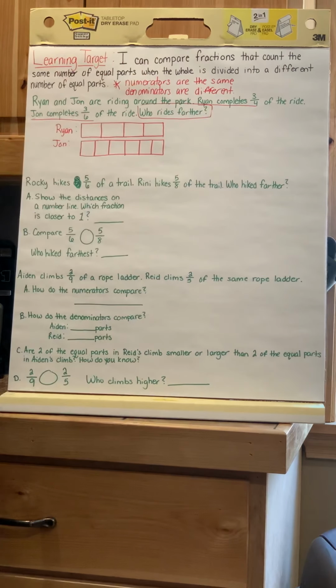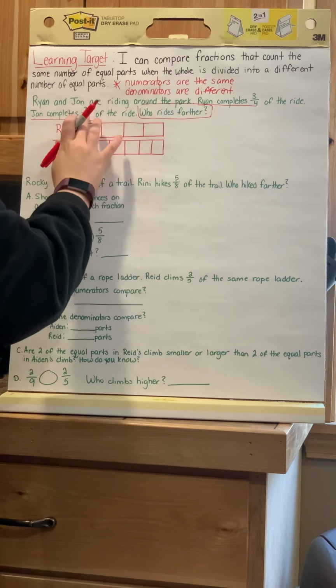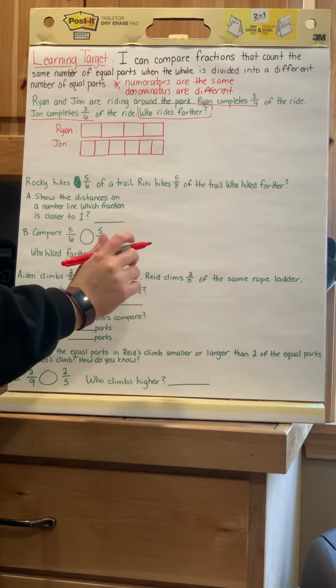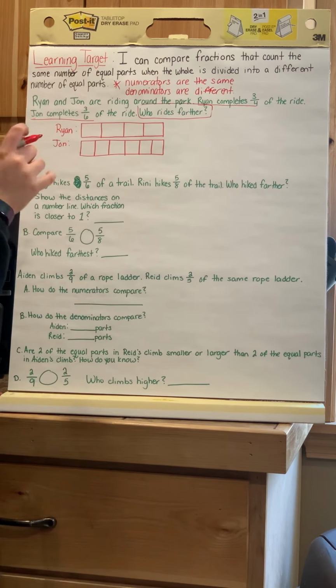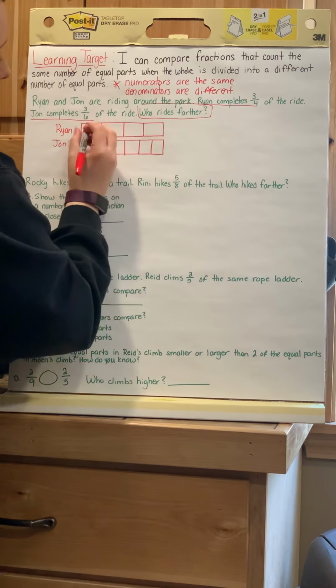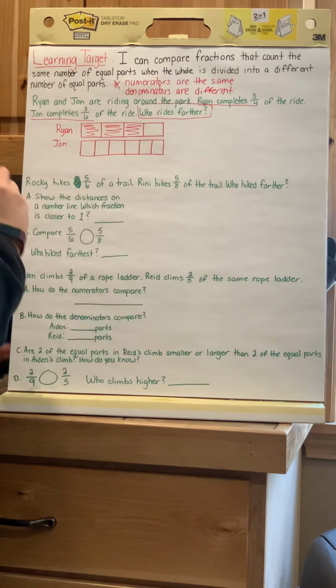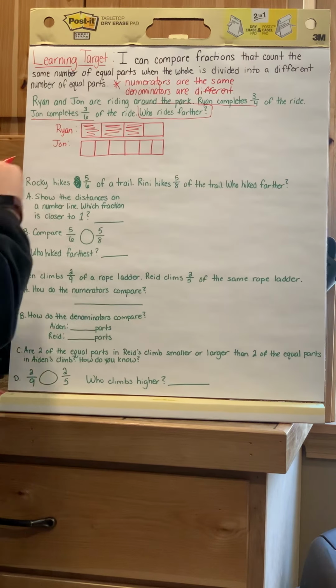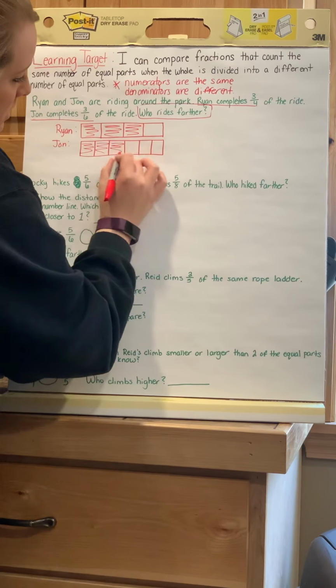So Ryan completes 3/4 of the ride. Notice our numerators are the same, 3/4, 3/6, but our denominators are different. We're coloring in the same amount of parts, even though our parts of the whole are different. So 3/4, 1, 2, 3 for Ryan. For John, 3/6, 1, 2, 3.